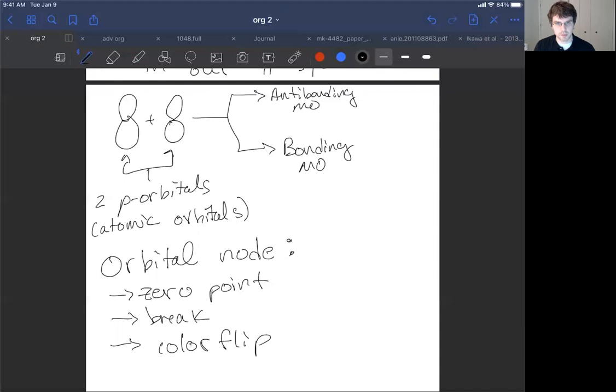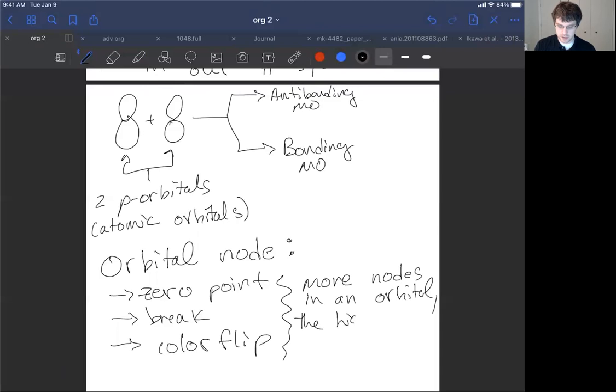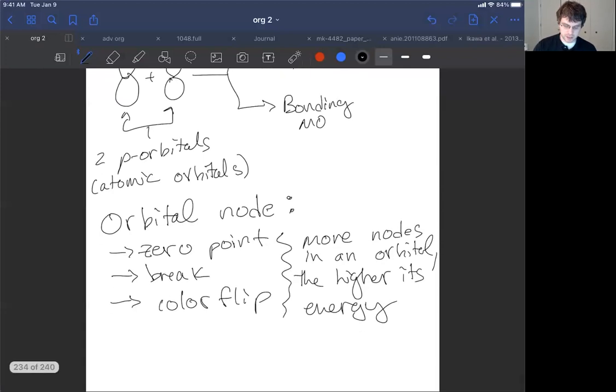A zero point, a break, or a color flip. Now, what nodes do is they increase the energy of the orbitals. The more nodes in an orbital, the higher its energy. Okay, so the more nodes in an orbital, the higher its energy.